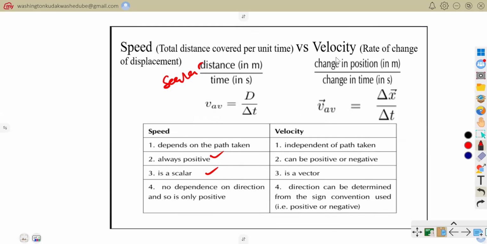But when it comes to velocity, we say that velocity is the rate of change of our position. So change in position per unit time, for which position has direction. My original position becomes my reference point. If I change this position, I'm either changing it towards the east or towards the west, towards the north or towards the south.